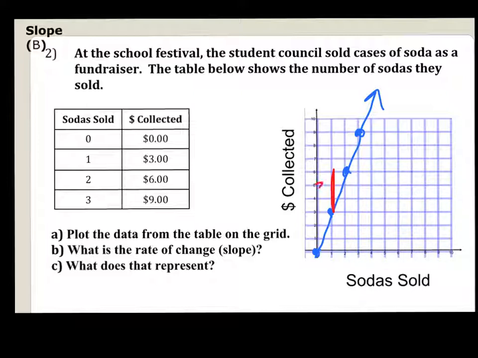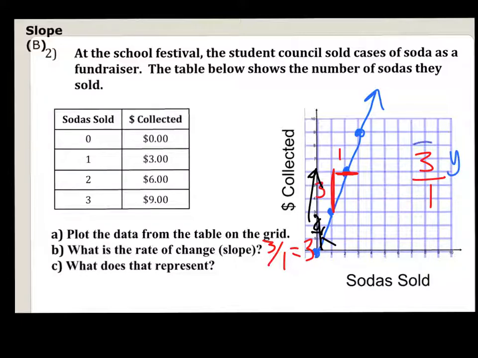You rise up 3, and you run 1. So your slope is 3 over 1, which is the same thing as just 3. And it is positive. Your little dude is sitting down here, going up. So positive 3. What does that represent? Here's where the words and the labels come in.